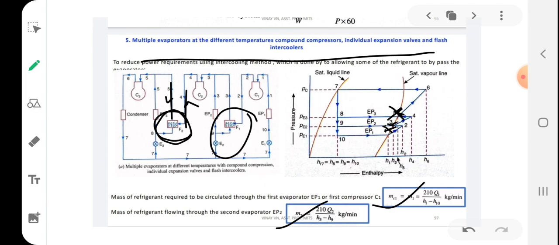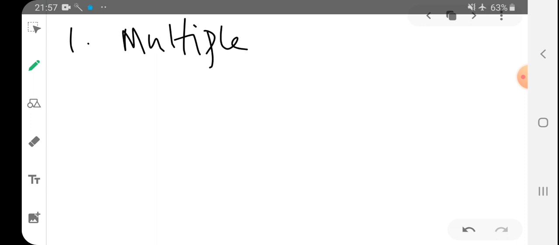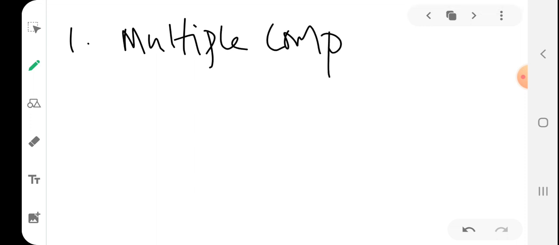Now we will go to the final type of system. We broadly divided advanced vapor compression systems into three. One was the multiple compression system.